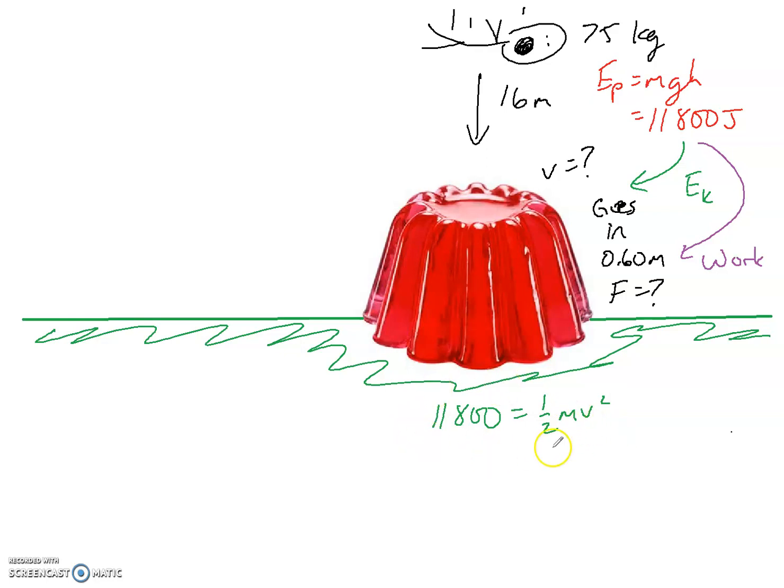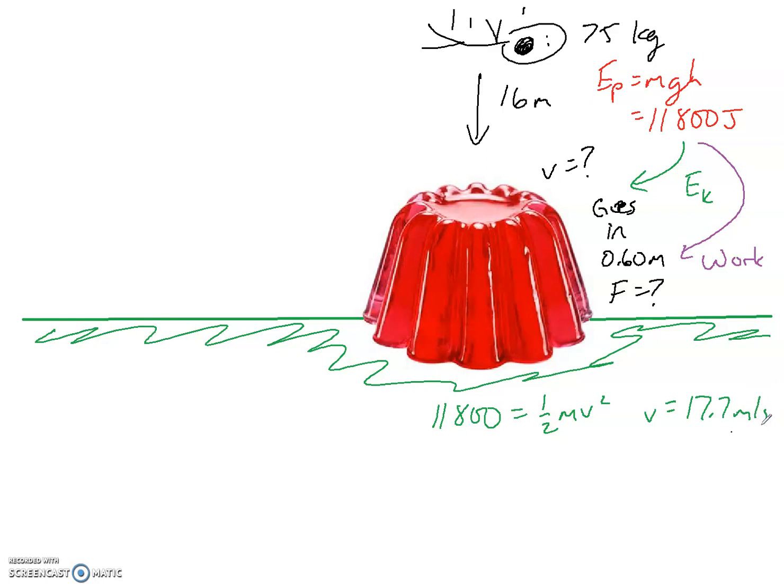Now, if we equate those two, 11,800 is equal to 1/2 mv squared, I can then solve for my v. So I've got my 11,800 for my joules. I'll just times that by 2, and then divide that by the mass of 75, and then don't forget to square root your answer. And we'll find out he's going around 17.7 meters per second when he hits the jello.